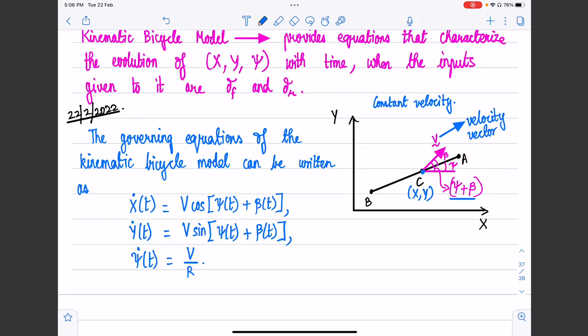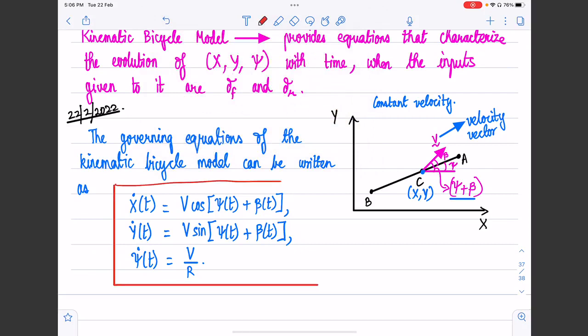We get this from rigid body mechanics, right? If you have a particle which is rotating at an angular speed omega, the tangential component v is going to be r omega. So psi dot is nothing but omega. These are the three equations that provide the governing equations for the kinematic bicycle model.